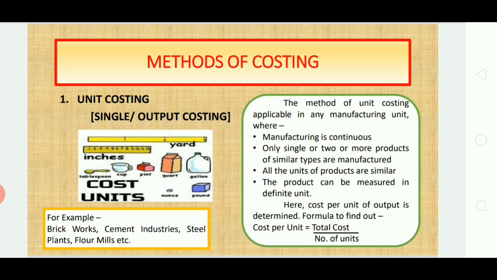First method of costing is unit costing, which is also called single costing or output costing. The method of unit costing is applicable in any manufacturing unit. Now, students, try to understand. This method of costing can be used only in case of manufacturing business or manufacturing operations.